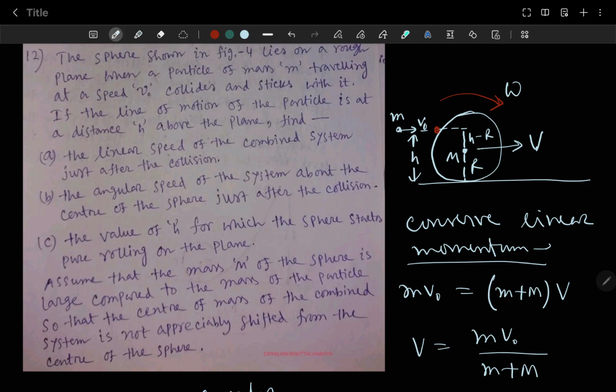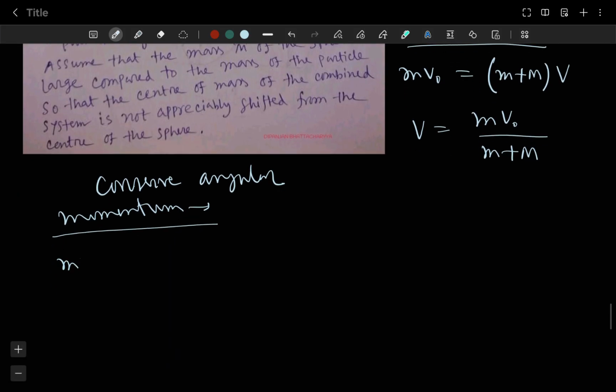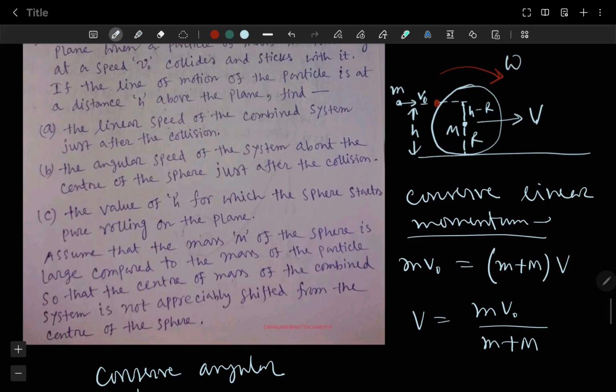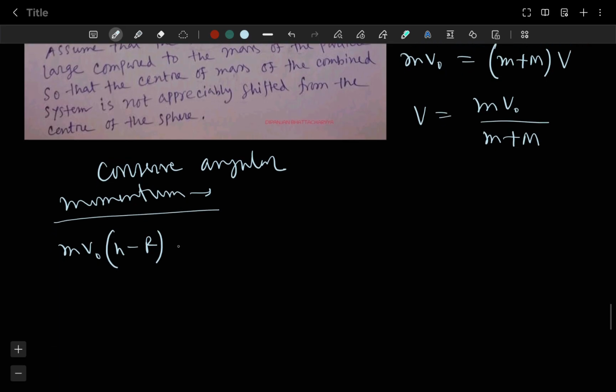So it was mv0 into (h minus r) about the center, and the sphere was at rest, so it has nothing. Now it is equal, after it hits, it becomes I omega.